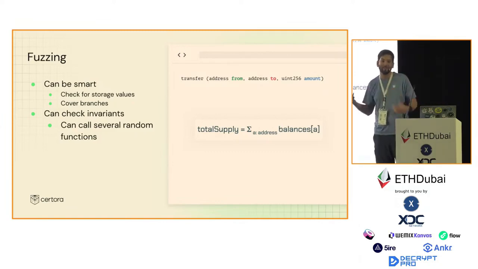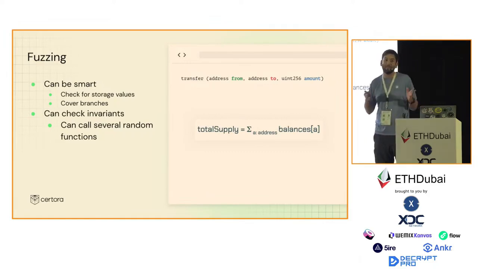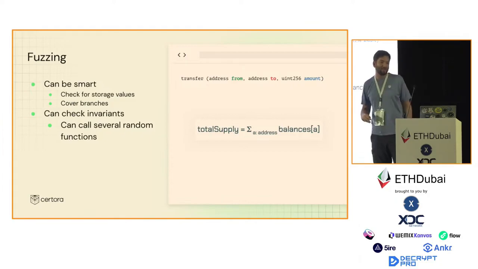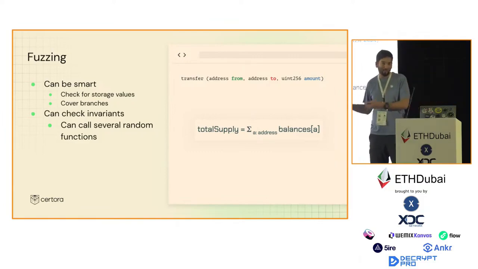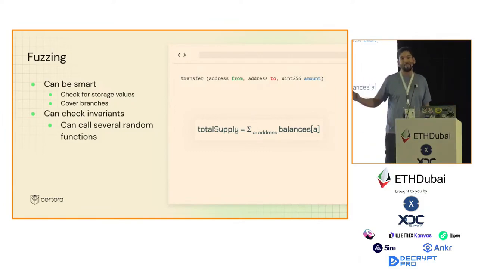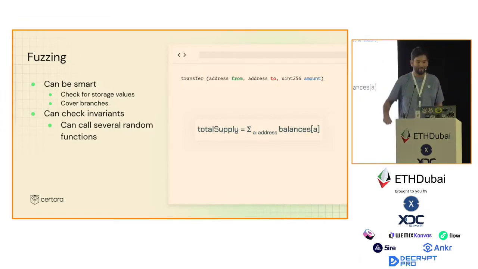Fuzzers try to optimize, for example, coverage. Many fuzzers will try to cover as many branches as possible in your code. Some fuzzers are even smarter than that and will check for some storage values in your contract and try to use them as different inputs, and so on and so forth. This is the difference between the different fuzzing products that there are.